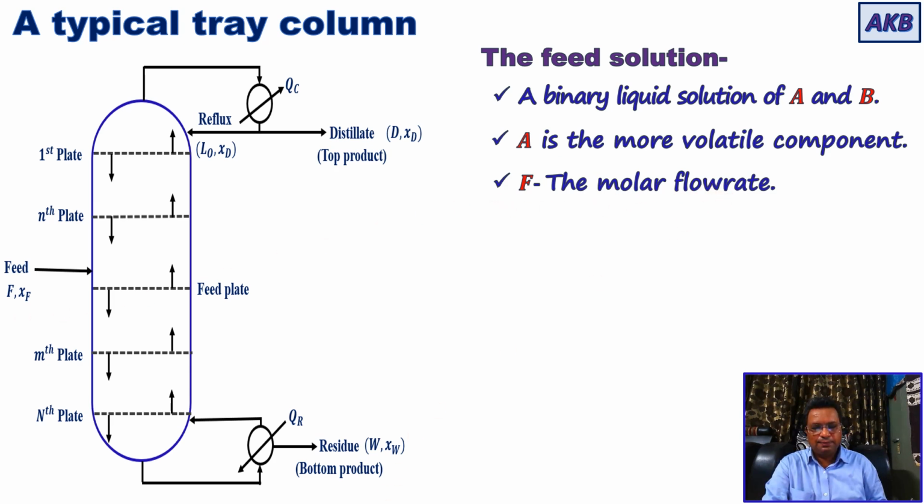So it could be kilomole per second or kilomole per hour, mole per second, molar flow rate. And XF represents the mole fraction of A in the feed solution. That is the mole fraction of the more volatile component in the feed solution.